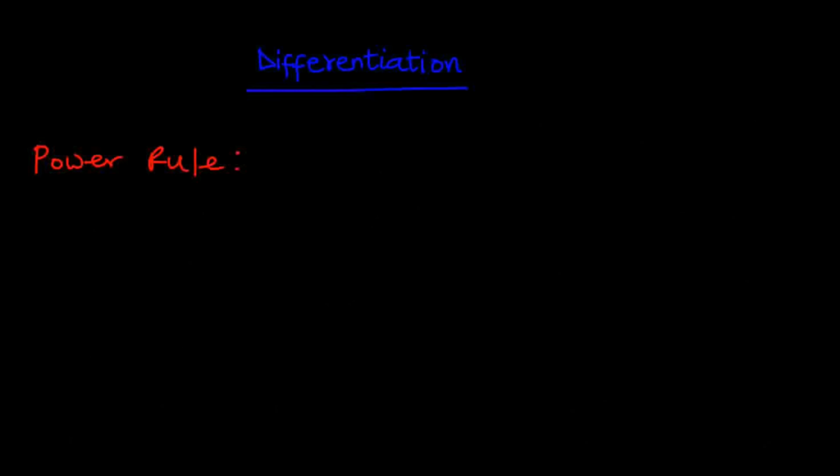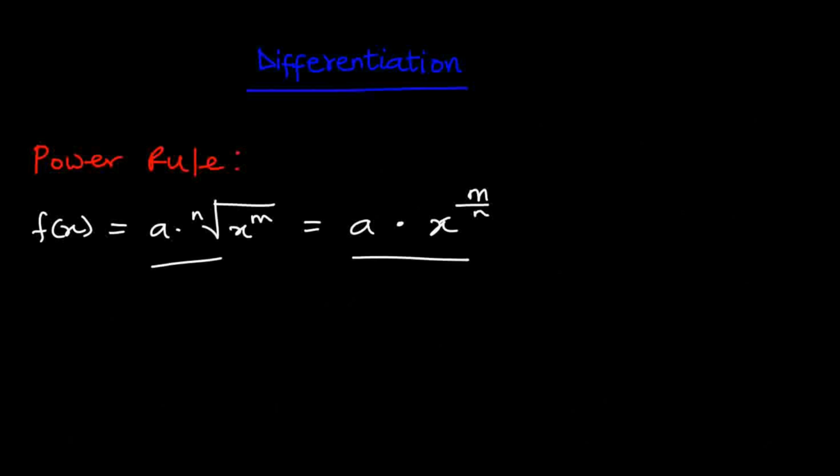So when you have a function f of x equal to a times the nth root of x to the power n, we can write this as a multiplied by x to the power n divided by n.